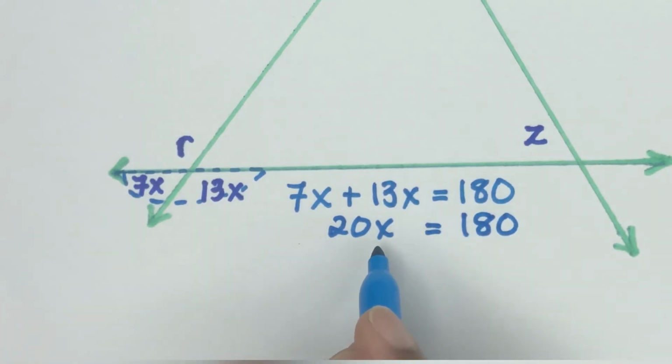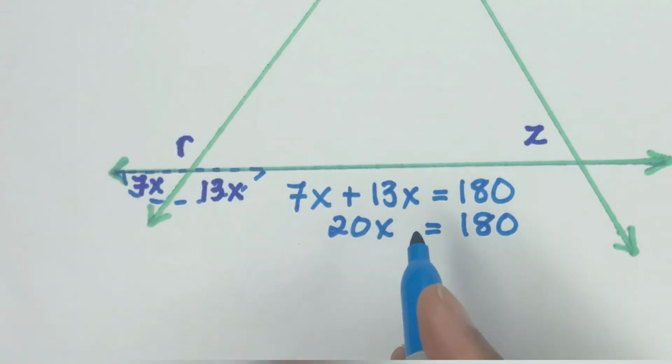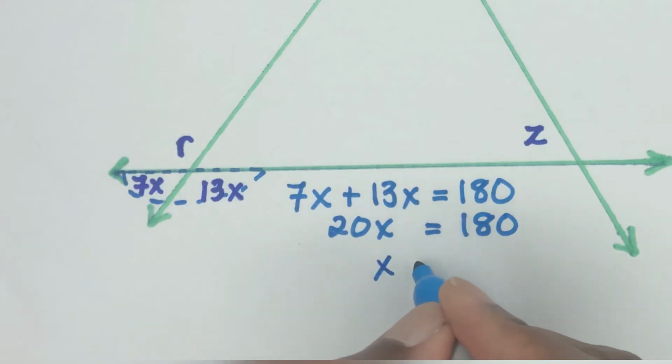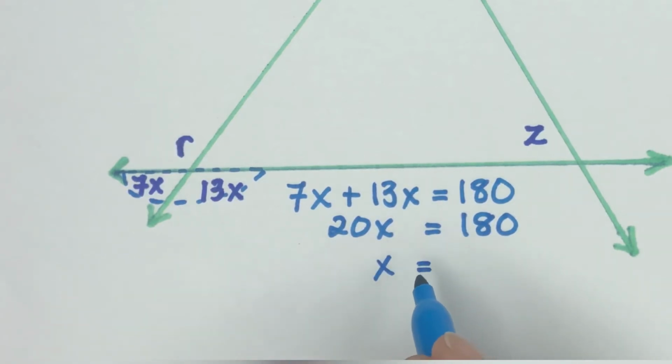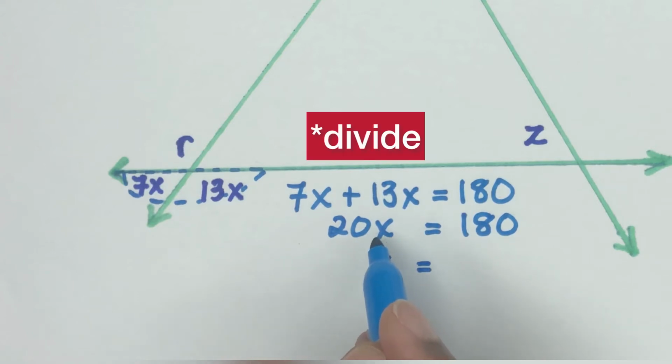Then what we need to do is do the opposite operation, right? So 20 with nothing in between the variable is a multiplication. 20 times x. So what we have to do to get the x by itself, which is always the objective, is to divide, which is the opposite of multiplication.